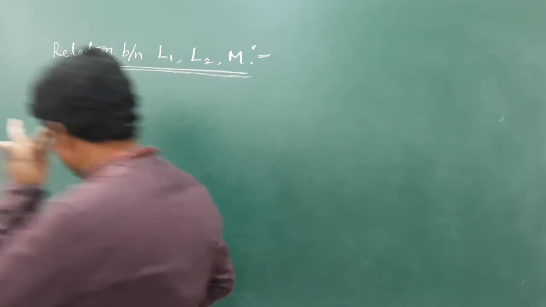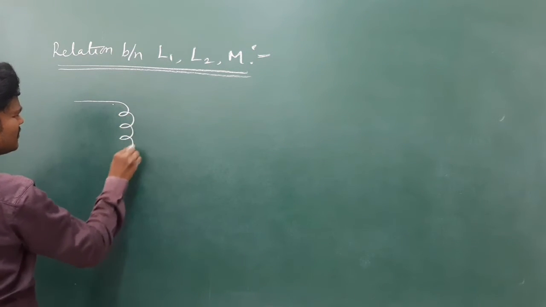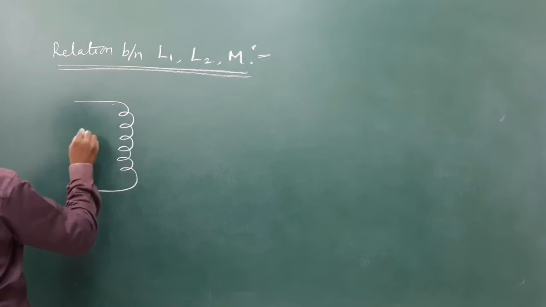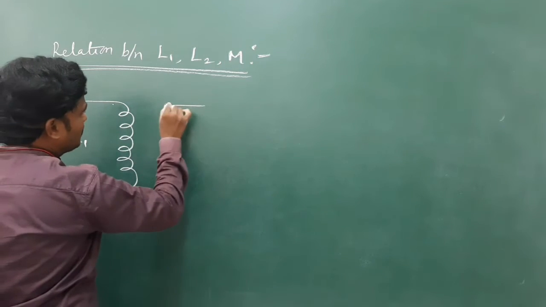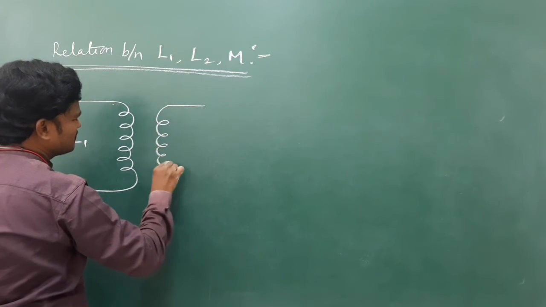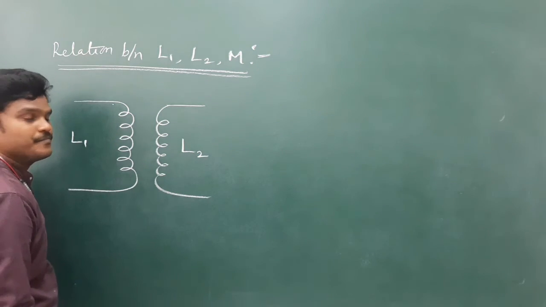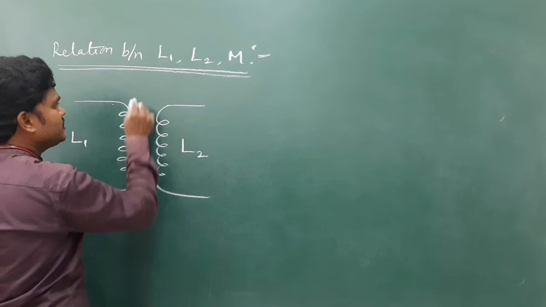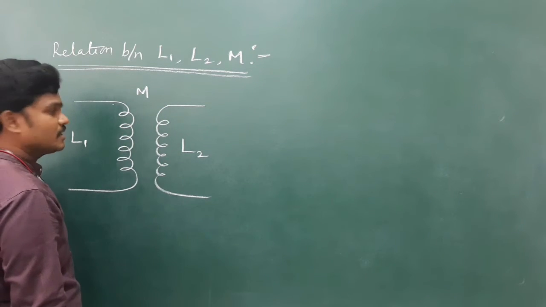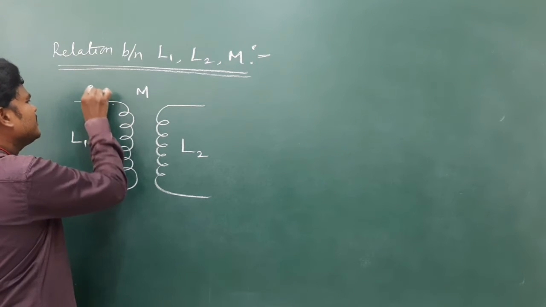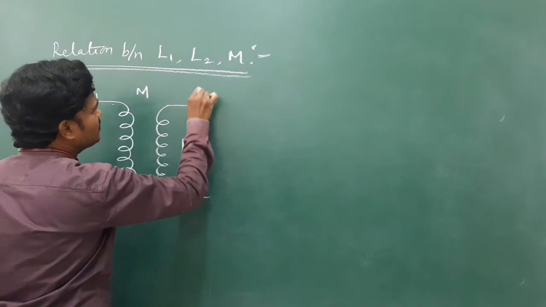Okay, to get this, let us consider one coil whose self-inductance is L1, and another coil placed near this, whose self-inductance is L2. The mutual inductance between these two is M12 or M21. Let I1 be the current in one coil, I2 the current here.